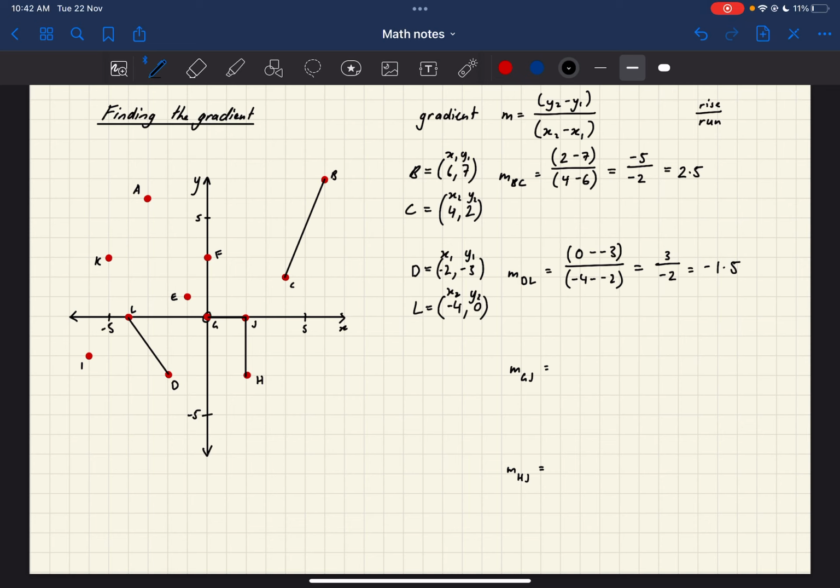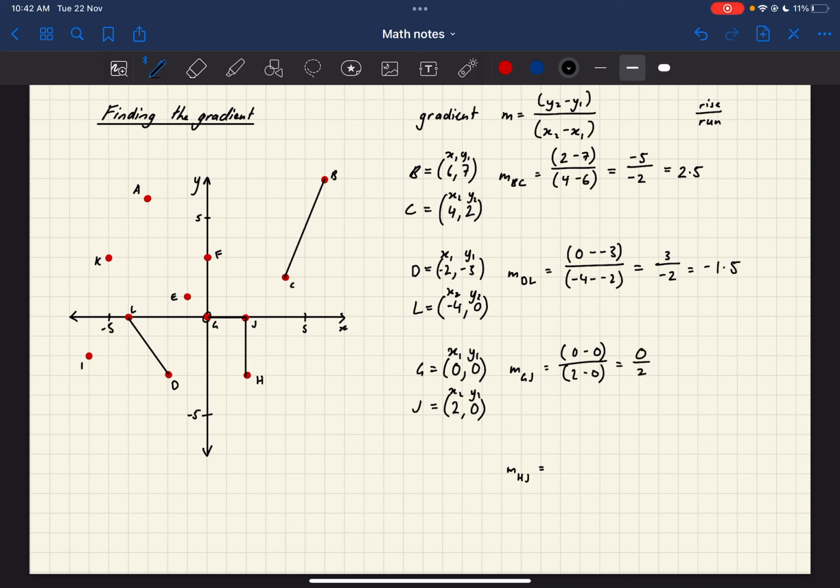So we've got our third line. We've got G and J. G has the coordinates 0, 0, and J has the coordinates 2, 0. So we've got x1, y1, x2, y2. Put it into our formula. y2 minus y1 is 0 minus 0, and x2 minus x1 is 2 minus 0.